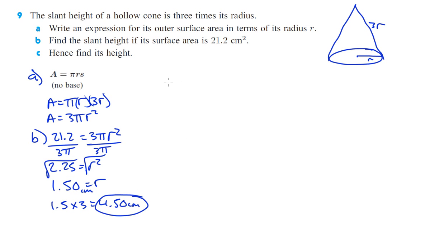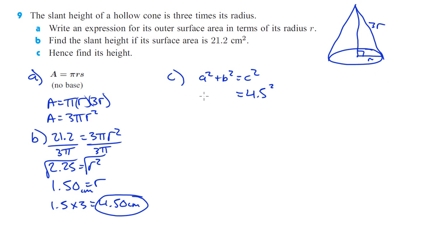Okay, and then C, find the height. Okay, so the height's going to be this right here as a straight line, hopefully. So what we want to do is do our a squared plus b squared equals c squared. Our c in this case is our slant height, which is 4.5, and that's squared.